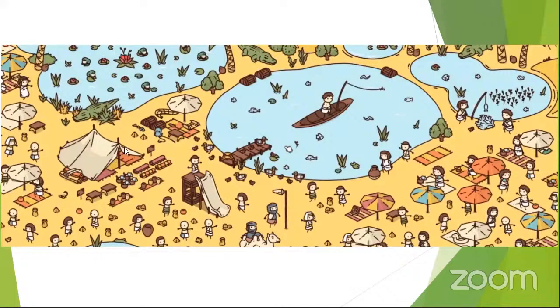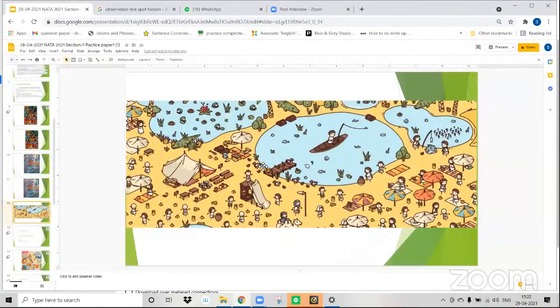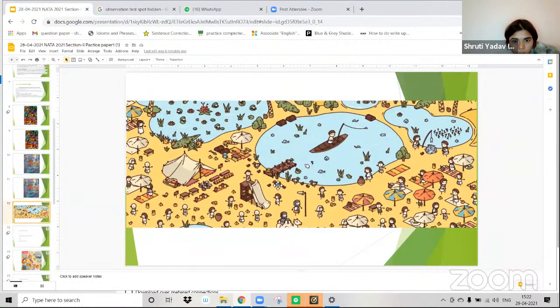Yes, ma'am. There are a lot of frogs also, a lot of creatures. There are pots. There are different types of birds, tiny birds, ducklings. Then there is a hat placed here. So a lot of elements in this one.